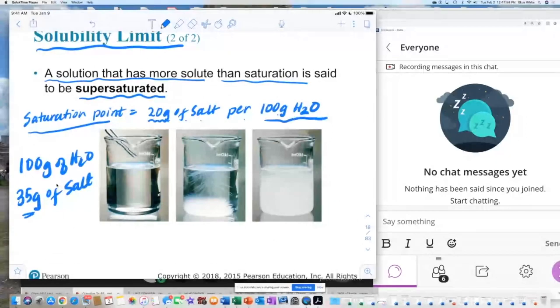It can only naturally hold 20 grams of salt, but I want to put in all 35 grams. So what do I do? I heat up the water and then add all 35 in there and force all the solid. You stir it as you heat it up, and the water, because of the heat, will accept all of it.